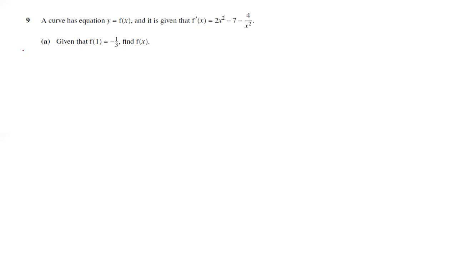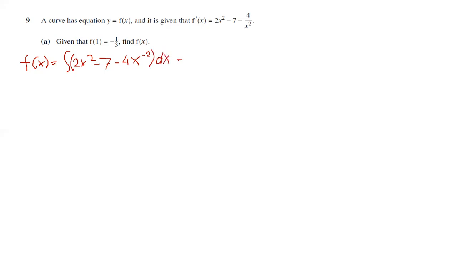Find f(x). All right, to find f(x), we have to find the integral of this function: the integral of 2x squared minus 7 minus 4x to the power negative 2 dx.